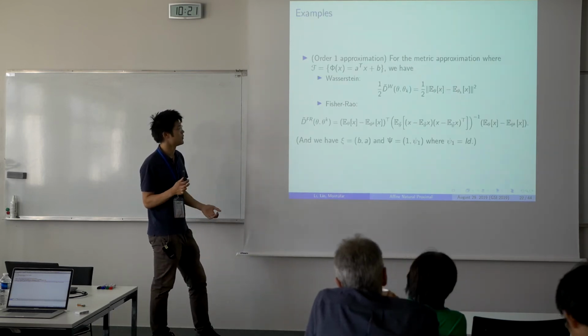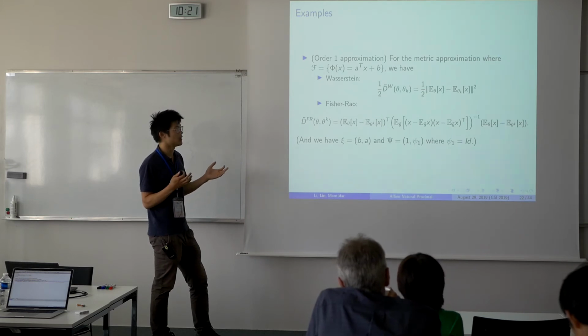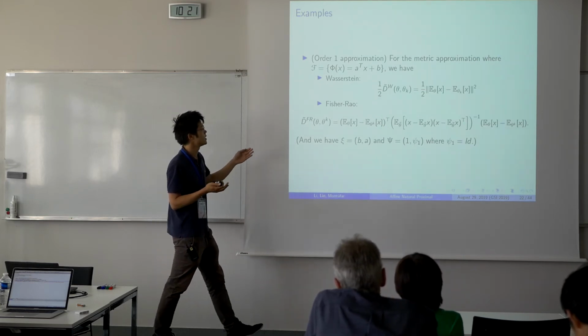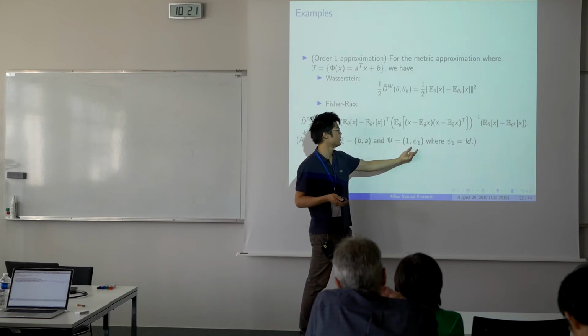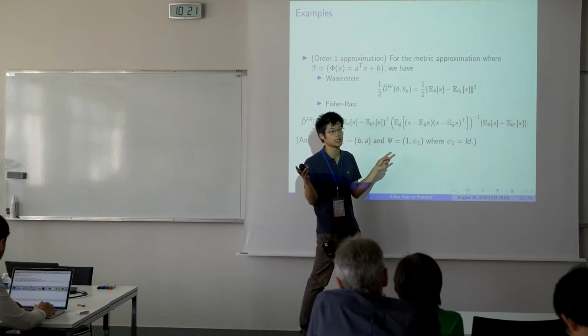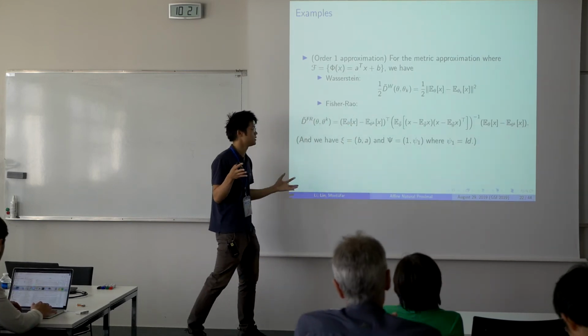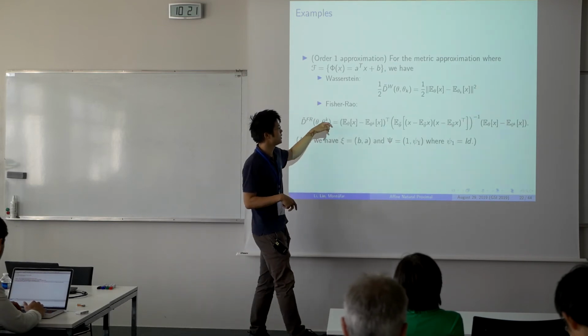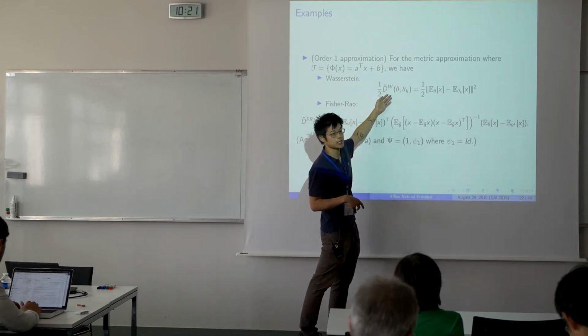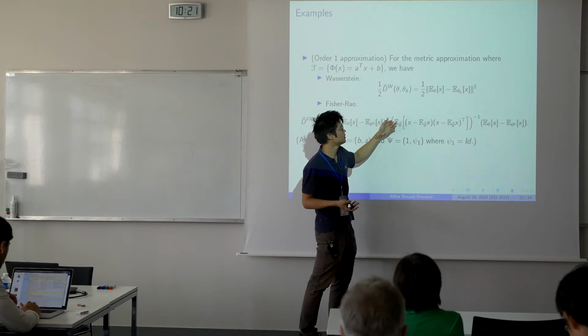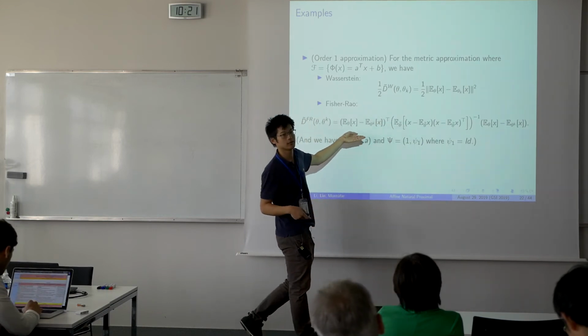If we choose these as basis functions, which is an order 1 approximation, then the Wasserstein affine natural proximal distance will look like this. The Fisher-Rao will look something like this.